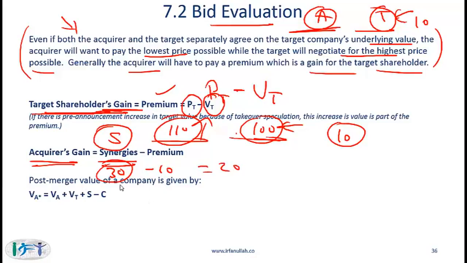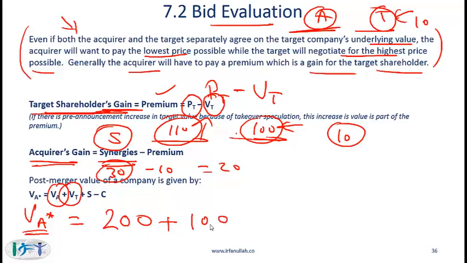Then the next point is, after the merger, what's the value of the firm? That is given over here, VA with an asterisk. This refers to the value of the firm after the merger. That is equal to the value of the acquirer before the merger, let's say 200, plus the value of the target company before the merger, let's say 100, and then plus S. S stands for synergies.